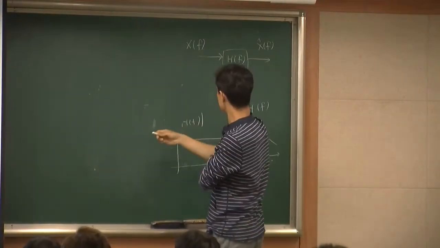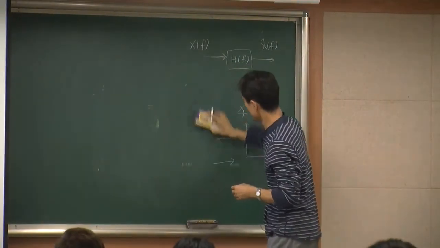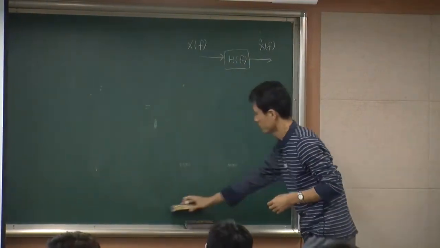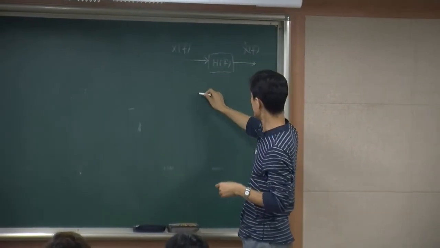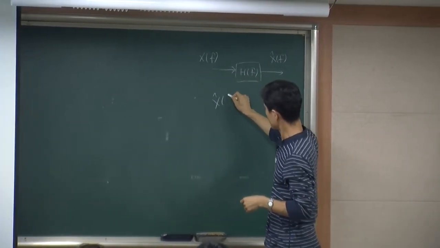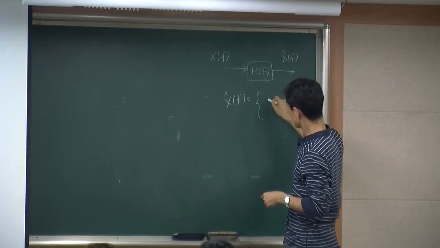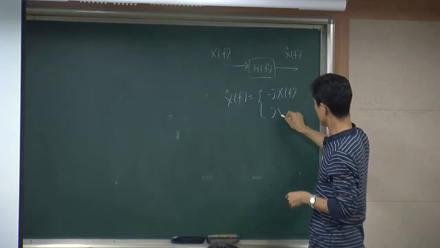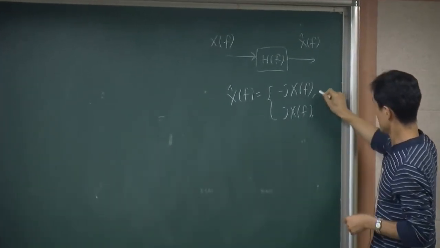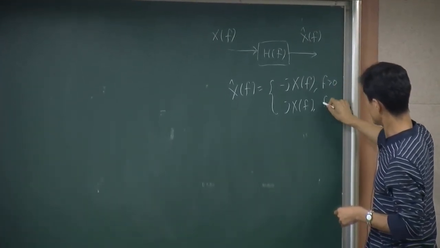And as the slide said, H(f) is a Hilbert transformer, so the output is either this one or this one, if f is positive or f is negative.